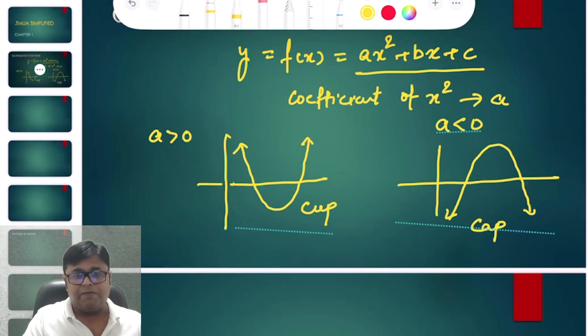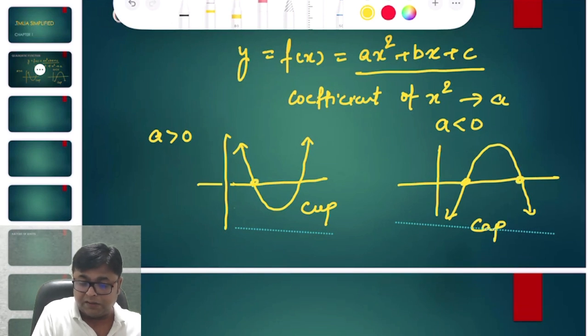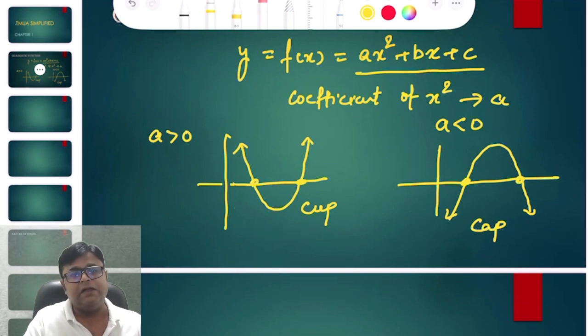Now, for this curve, we have x-intercepts, which we also call roots. As the name suggests, x-intercepts are the values of x where y is 0. That means on the x-axis. So on the x-axis, y is 0. So these are basically the roots of this quadratic function, right?